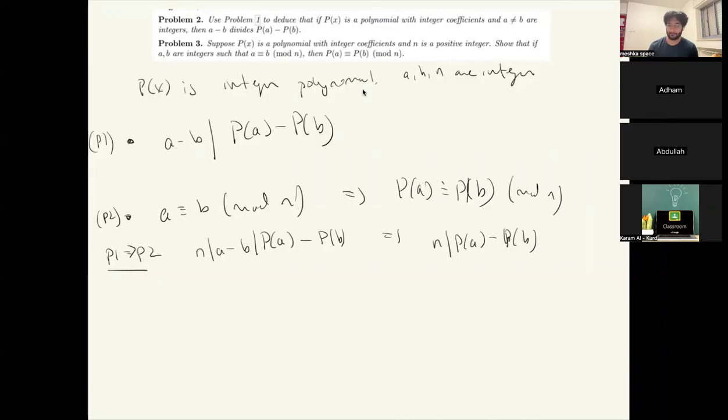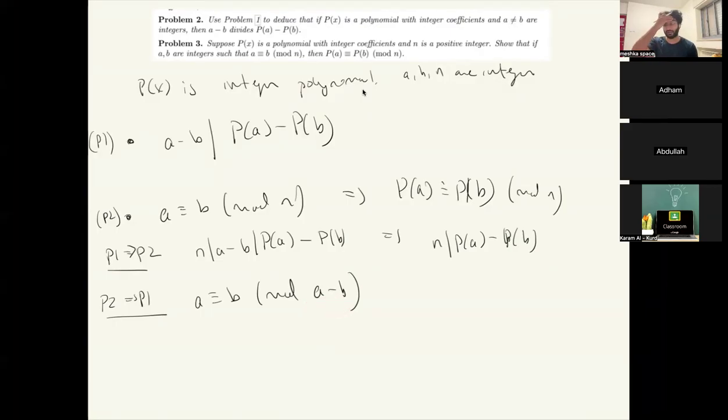Yes. So then the other direction, that property 2 implies property 1. Let's assume this now, and let's deduce this. So what's the point? The point is that A is congruent to B mod A minus B. It's a funny thing to write because we don't usually write something weird in here, but it's true.